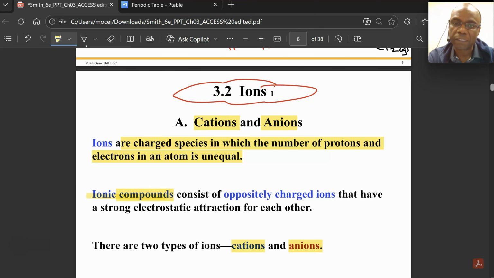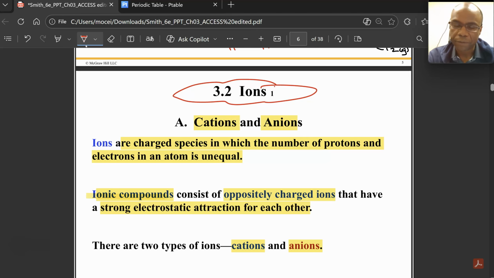Ionic compounds, we say they are usually made of a metal and a nonmetal, and they consist of oppositely charged ions that have a strong electrostatic attraction to each other. I will give you an example here. So let's go back to point 1. Ions are charged species in which the number of protons and electrons in the atom are unequal.